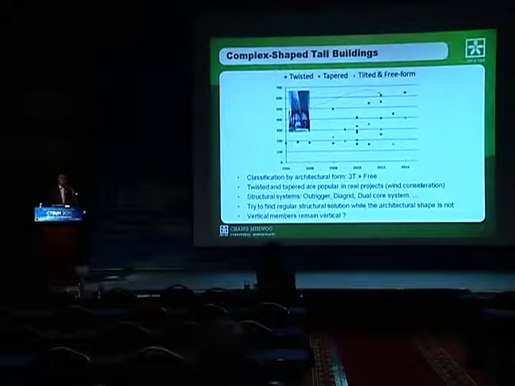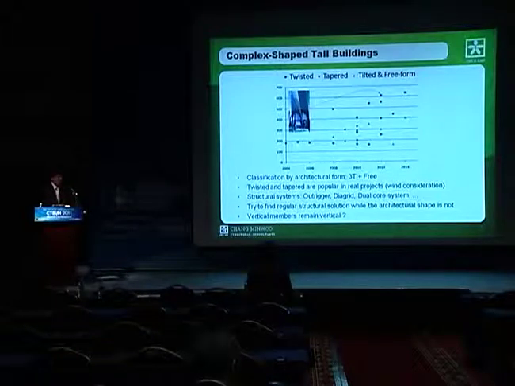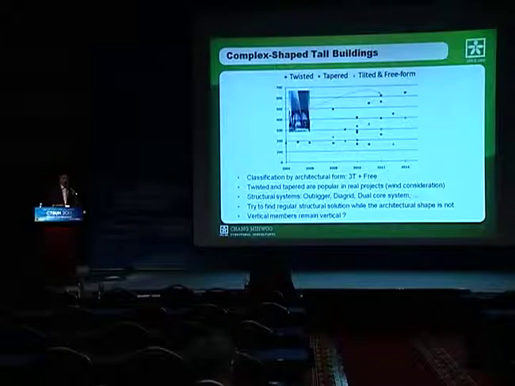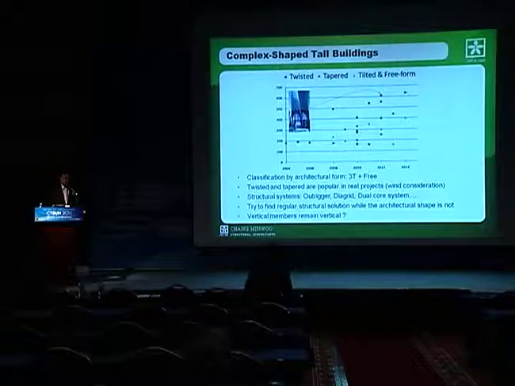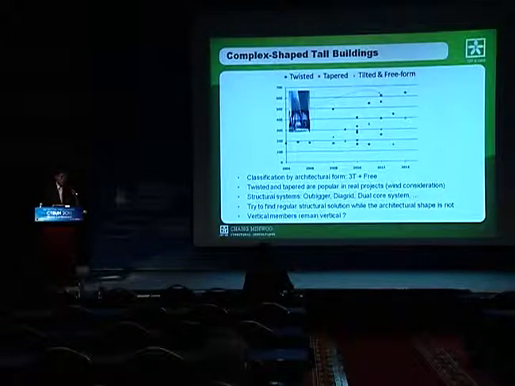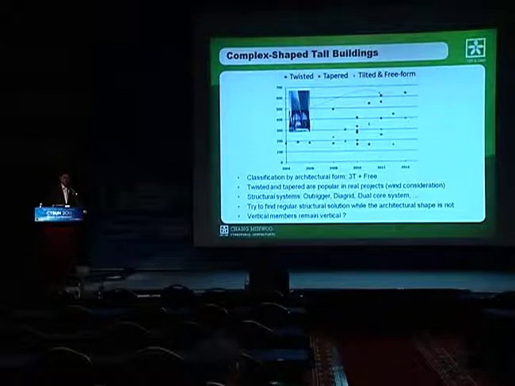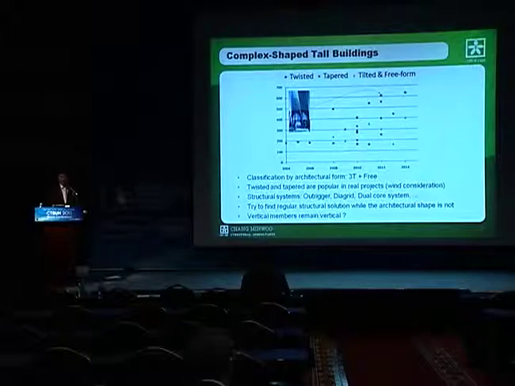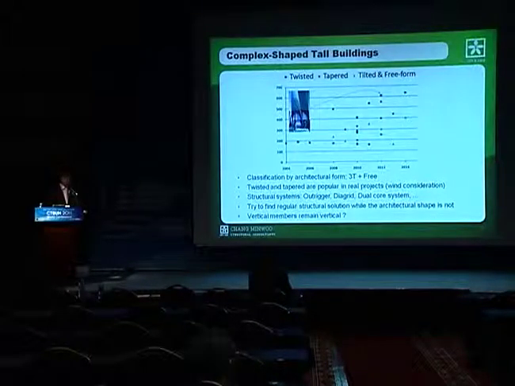A variety of structural systems such as outrigger, Diagrid, dual core system, and so on can be used to achieve this complex shape. Engineers are trying to find a regular structural solution, even though the architectural shape is non-regular. However, sometimes vertical members cannot remain vertical to achieve the desired architectural shape.